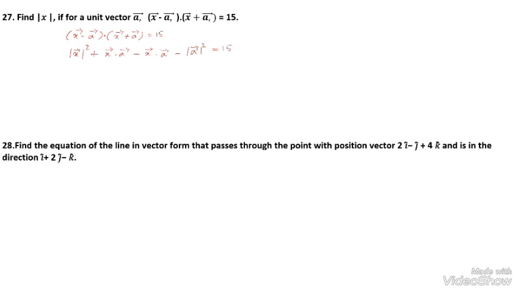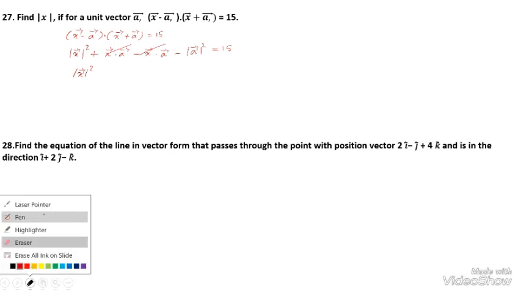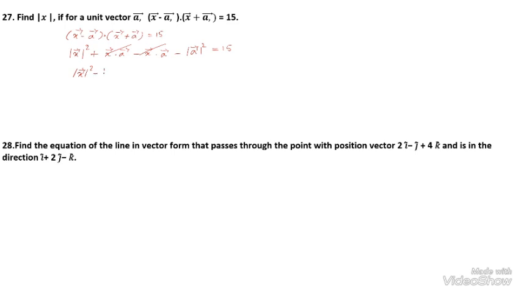The dot products here are both cancelled. That is, magnitude of vector x squared minus magnitude of vector a squared is equal to 15.